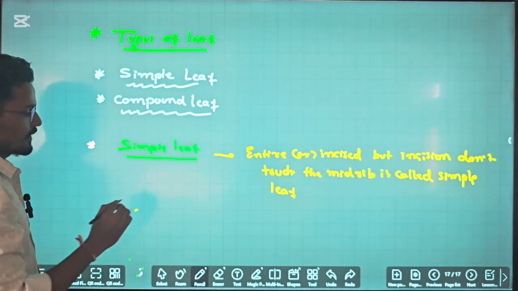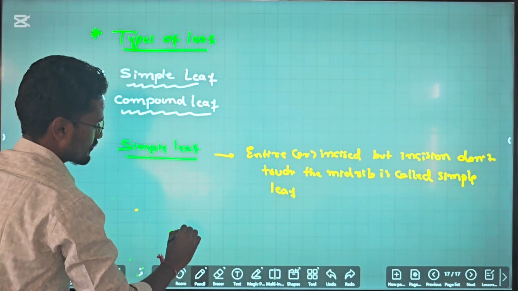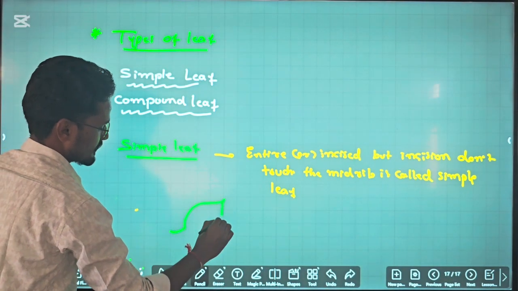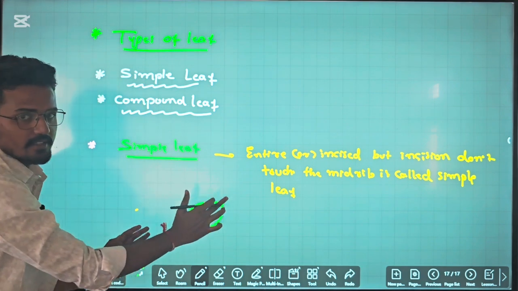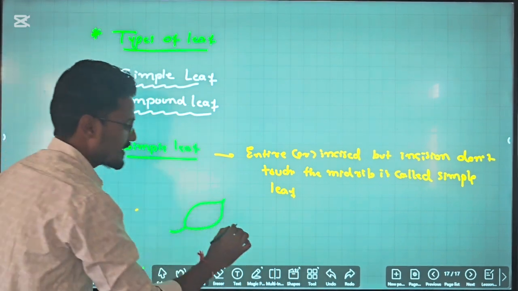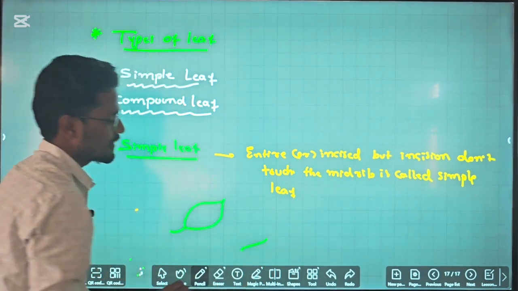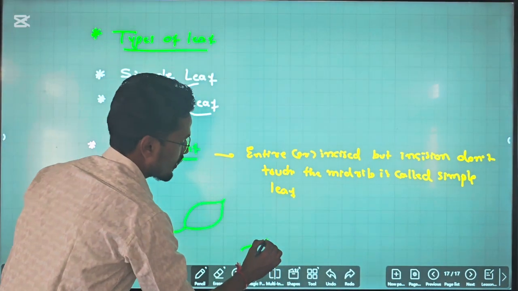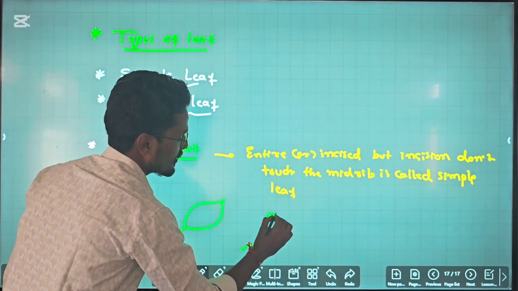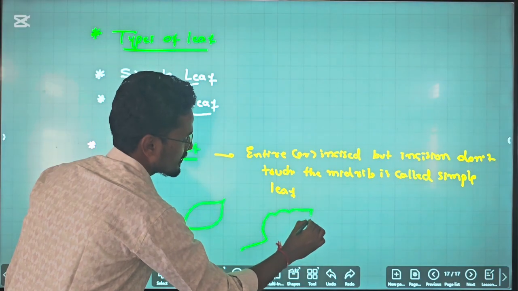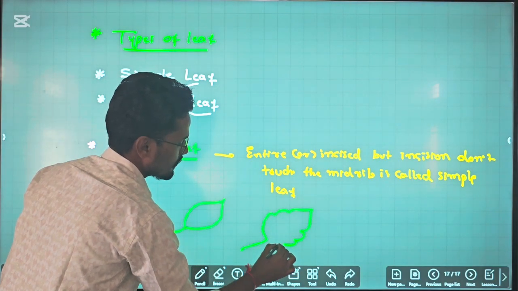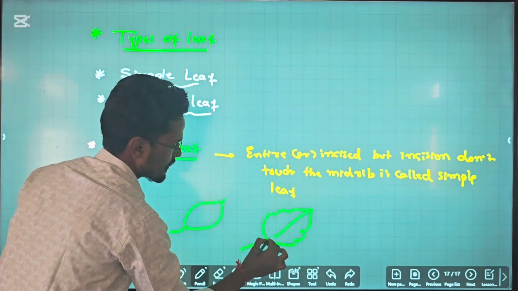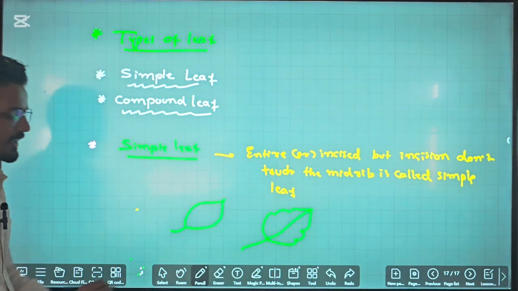To understand this, simple leaves look like this. They are entire, there are no incisions. If incisions are there in a simple leaf, they do not touch the midrib. This is the midrib. This is an entire leaf.